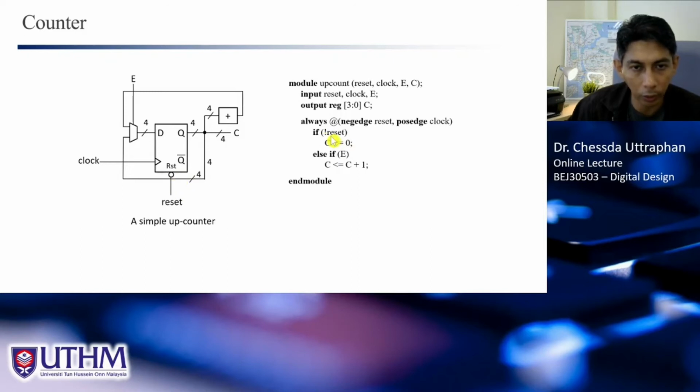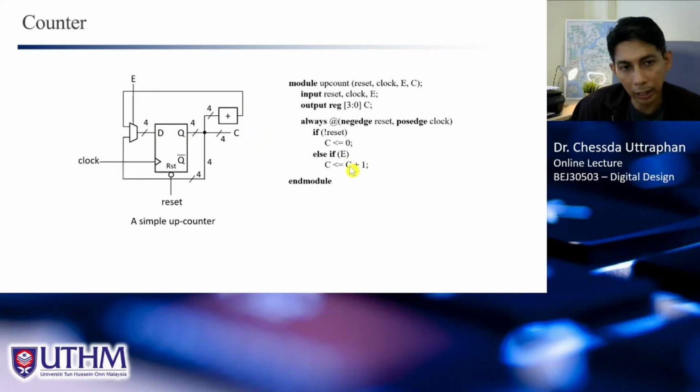But if reset equal to 1, we will look at this E signal. So if E equal to 1 in this case, the output C is equal to C plus 1. So this is an adder, plus 1. So we have the up counter.